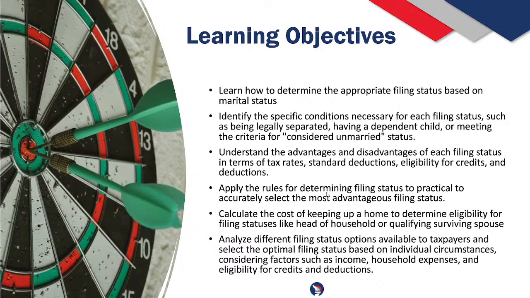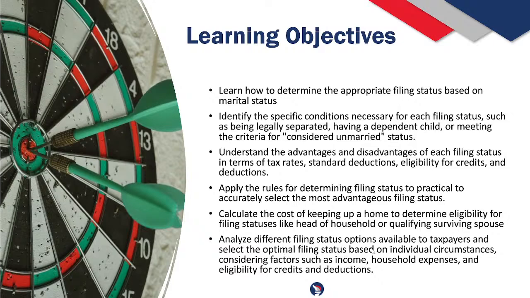Apply the rules for determining filing status practically to accurately select the most advantageous filing status. Calculate the cost of keeping up a home to determine the eligibility for filing statuses like head of household or the qualified surviving spouse. And analyze different filing status options available to taxpayers.